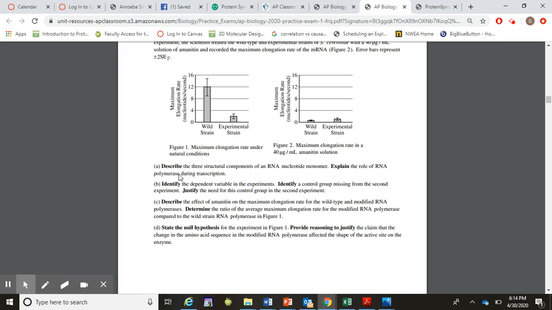They don't even ask you to analyze the error bars here, but that could be something you would have on your actual exam. So the null hypothesis is that the modified RNA polymerase would not have an impact on the maximum rate of elongation.